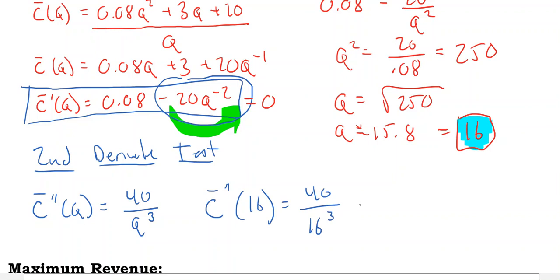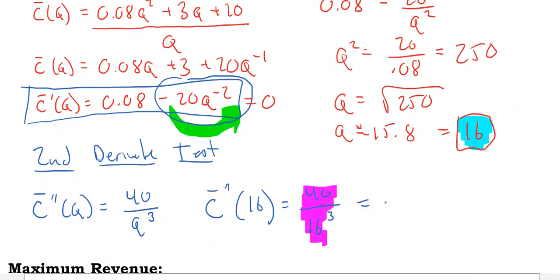Now, I'm not going to whip out my calculator because I don't care what that number is. Remember, when we're using the second derivative test, all we're concerned about is whether my answer is positive or negative. Is this going to be a positive value or a negative value? Well, clearly there's no negative anywhere in sight.